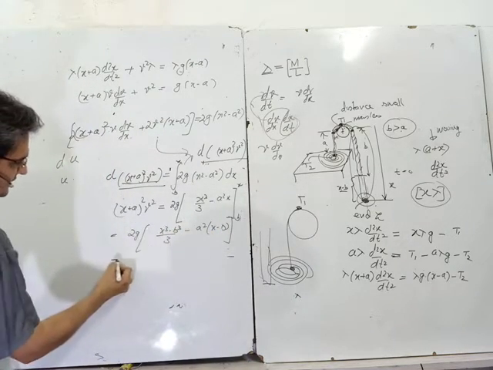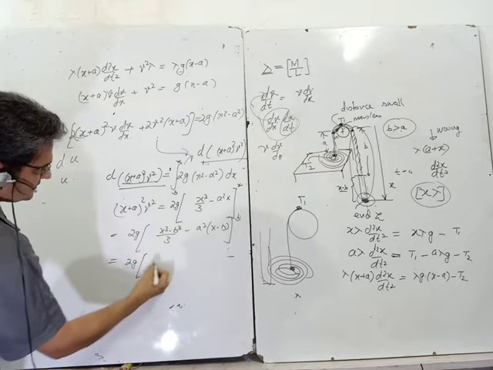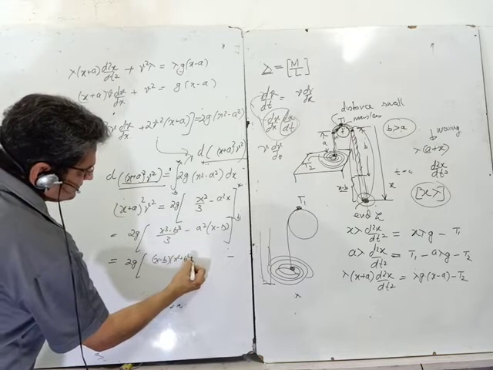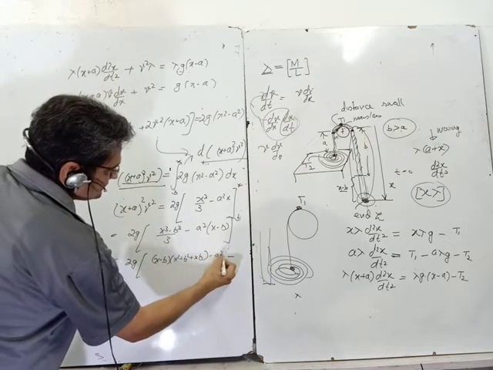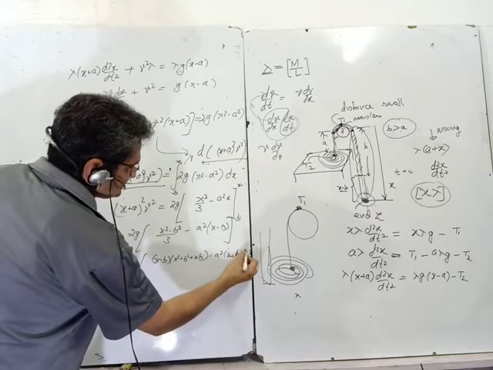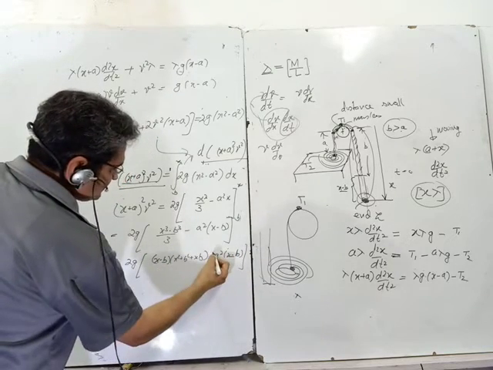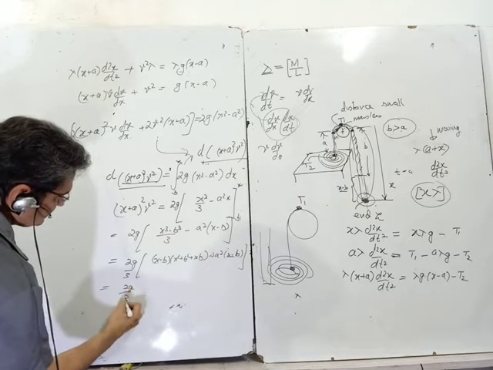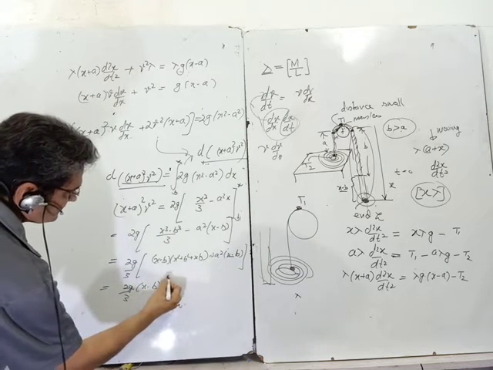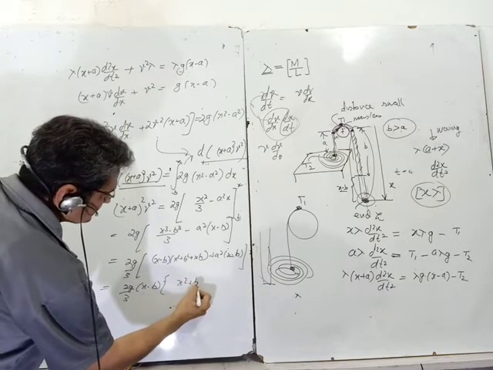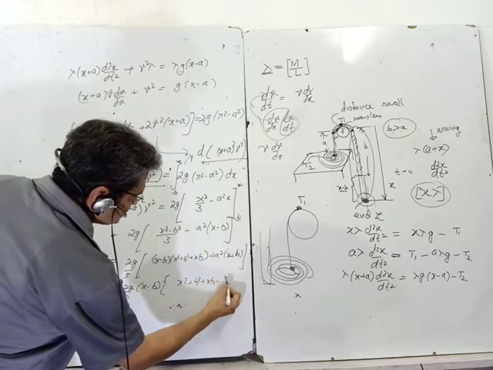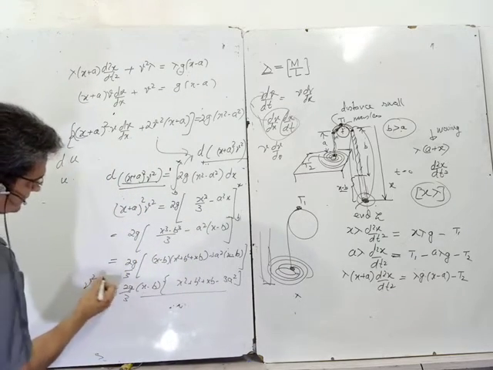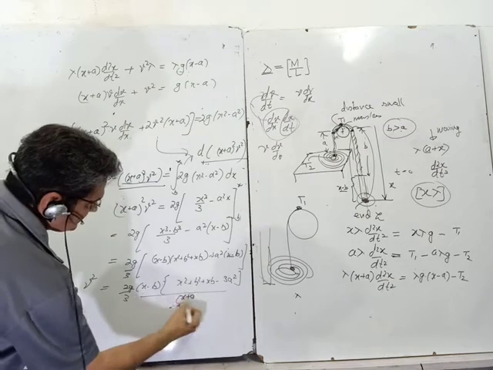Just put the algebra equation, twice g is outside. It is (x minus b) times (x square plus b square plus xb) minus a square (x minus b). Lot of maths is there in this, so don't get disillusioned, but it is interesting. It is twice g upon 3. I take (x minus b) as common, so it becomes (x square plus b square plus xb minus 3a square), and the value of v square is divided by (x plus a) whole square.